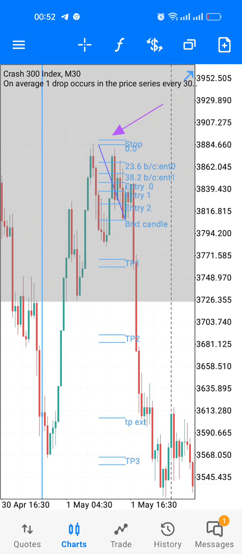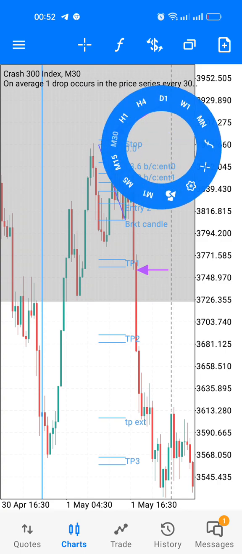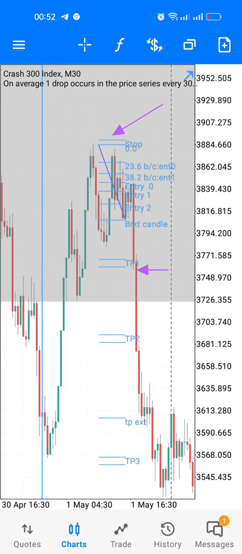And set your TP at 1.618. For this one I would come out here or here. This one sometimes, but it's fine. You can get out here. Most of the time it will even reach TP3.